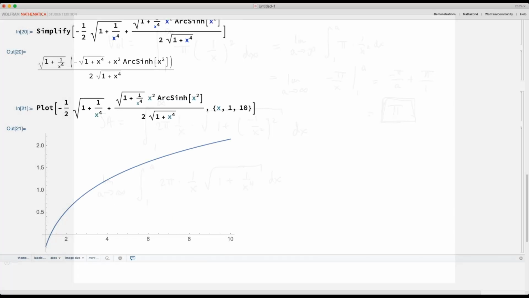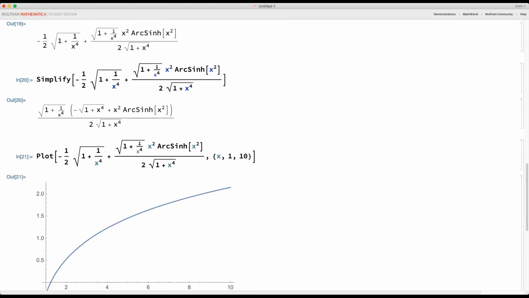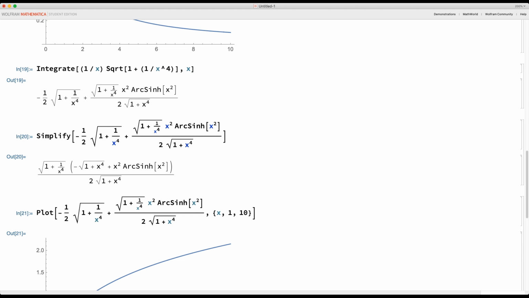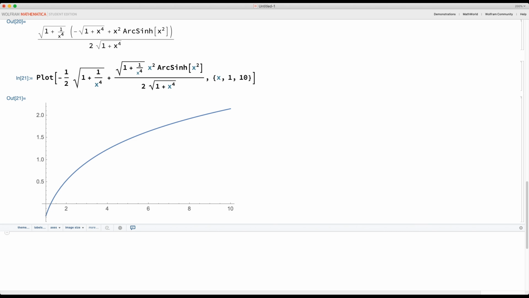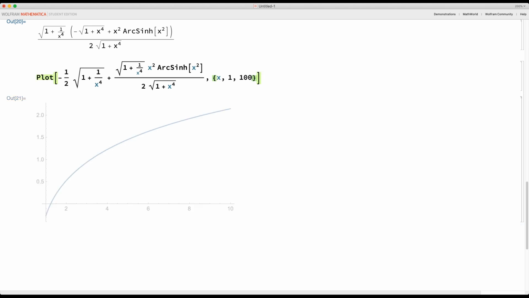We want Mathematica. All right, so here's the antiderivative of that thing. We could figure it out, it would just take a little while. So if I plot that thing from 1 to 10, let me plot it from, say, 1 to 100.